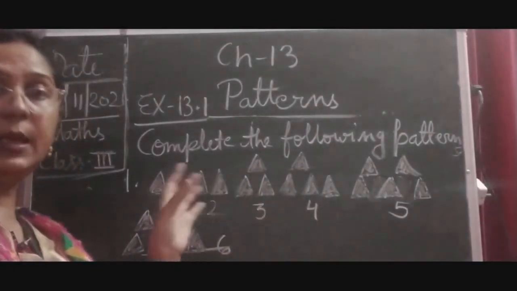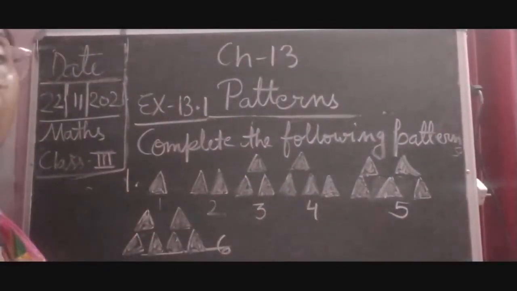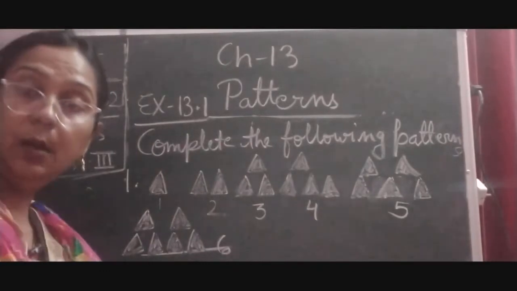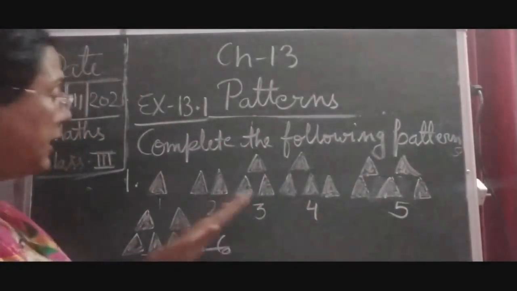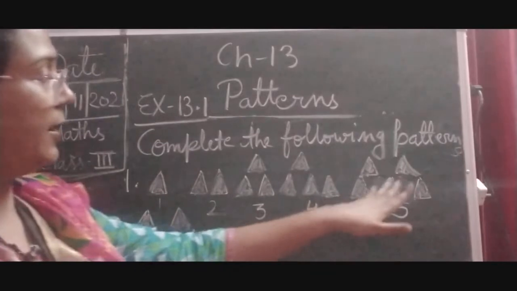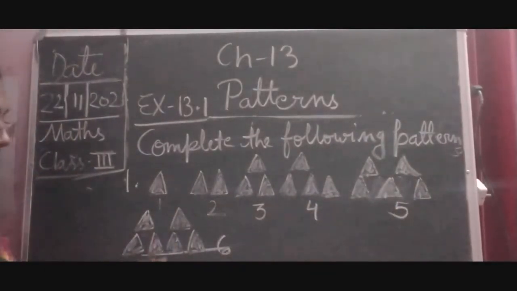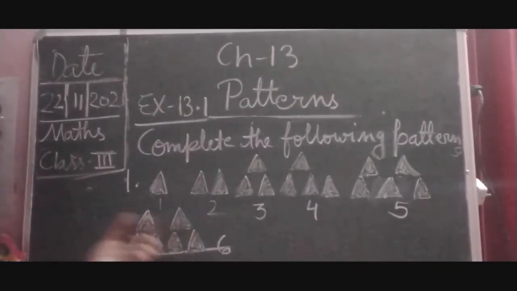They have been made very nicely and decorated very nicely. See how it has been placed, how it has been placed here. Similarly we have created this. Now 2 triangles and 2 triangles, and after these 2 triangles we will get 1 and 1.